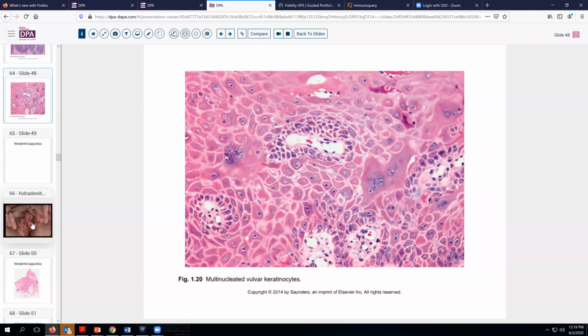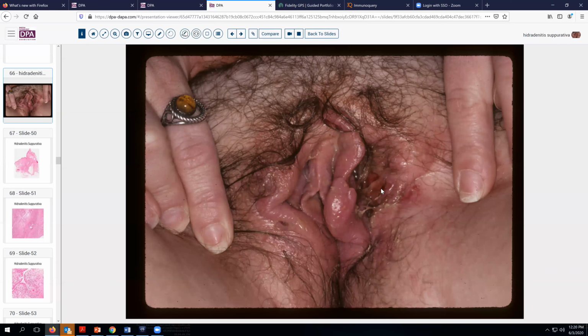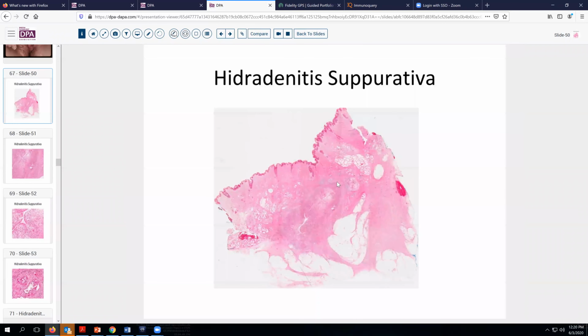Now, occasionally we can also get multinucleate cells within the epidermis. These are multinucleated keratinocytes. These are not the giant cells of granulomatous vulvitis. Another entity to be aware of is, of course, because we have sweat glands, this is an area where we can get hidradenitis. And this is an image of how that looks. At low magnification, you can see these subdermal or submucosal, subcutaneous abscess formations with variable amounts of residual epithelium related to the sweat glands, and potentially some relationship to the surface.